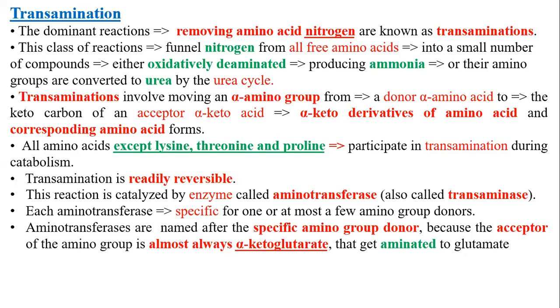Transaminations involve moving an amino group from a donor alpha amino acid to the keto carbon of an acceptor alpha keto acid, forming the alpha keto derivative of the amino acid and the corresponding amino acid. All amino acids except lysine, threonine, and proline participate.